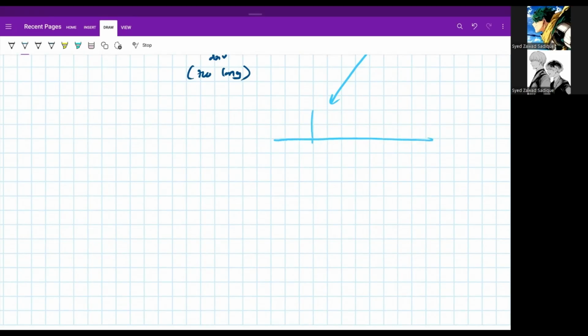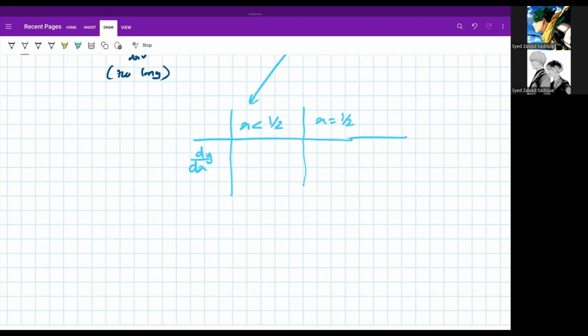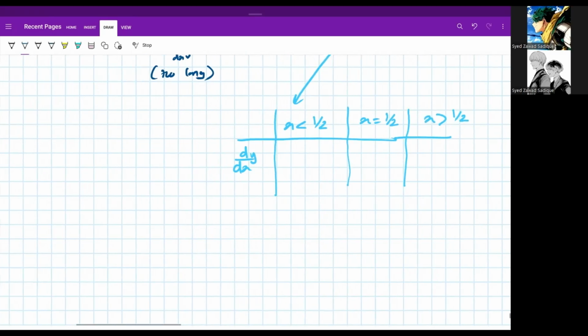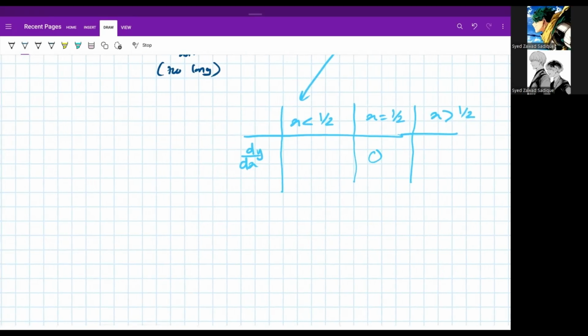So we know the stationary point was at x equals half. This is dy by dx. This is x less than half, at x equals half, and finally, x greater than half. When x equals half, dy by dx is 0.